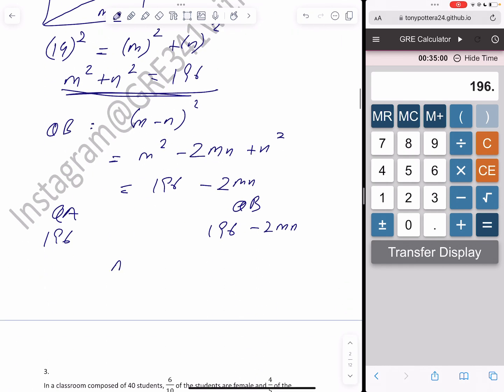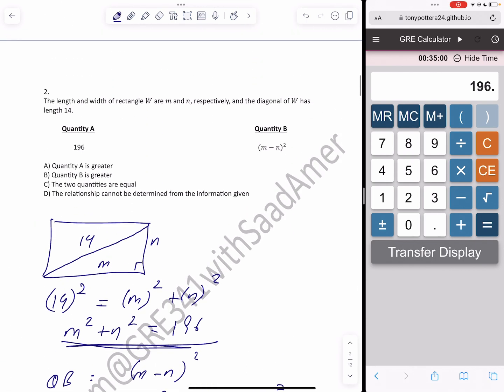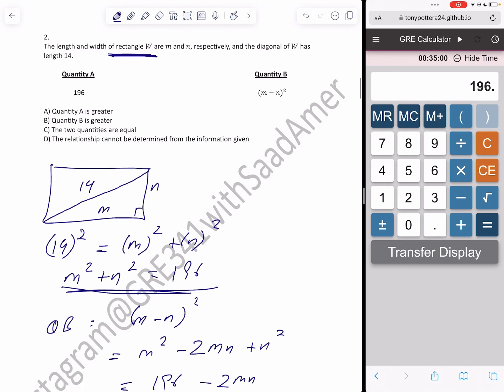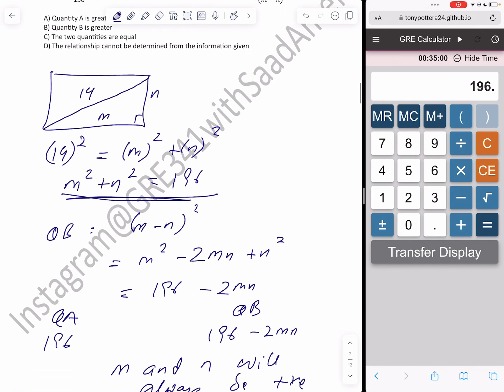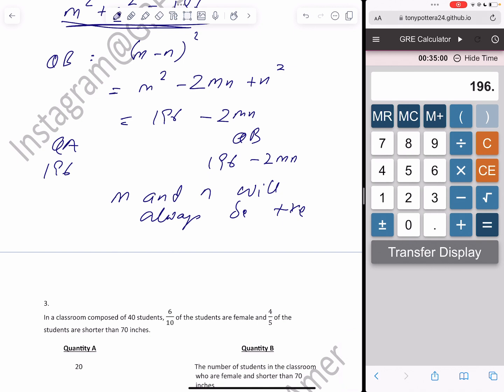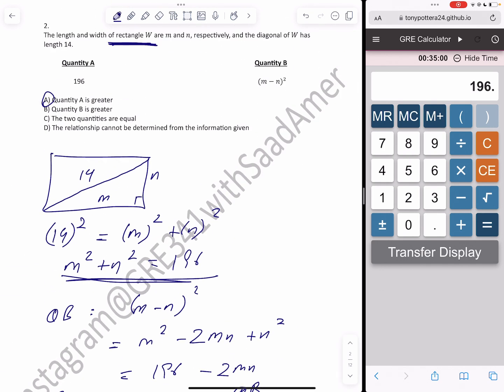M and N will always be positive, because it's specified in the statement that we have a rectangle W. If either M or N is equal to 0, then we wouldn't have a rectangle anymore, which is why we can't assume M and N to be 0. It's not possible for them to be 0. Since a positive number is being subtracted from 196, quantity A will be greater. As a result, the answer is A.